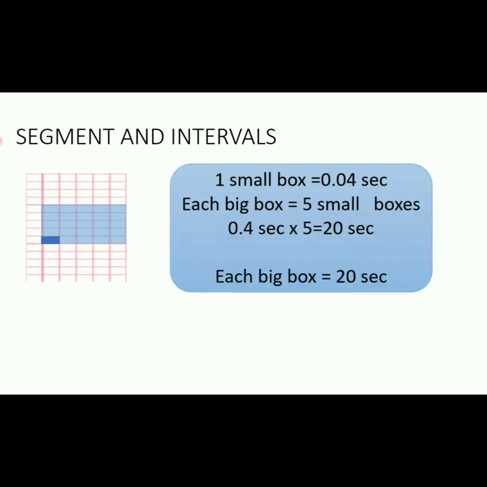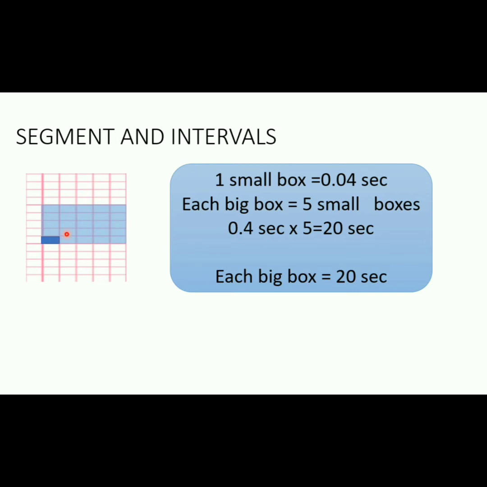As we have already seen in the previous slide, here I have made a close view. You can see the big column. This big column has 5 small boxes.